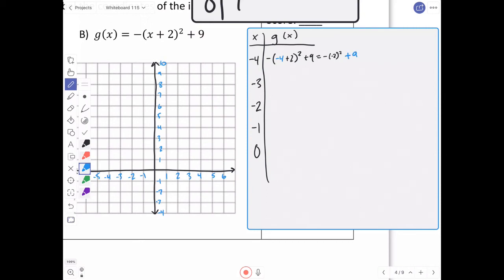Squared plus 9, which is -4 plus 9, which is 5. So -4, 5.